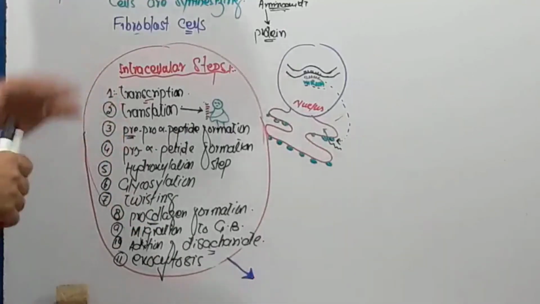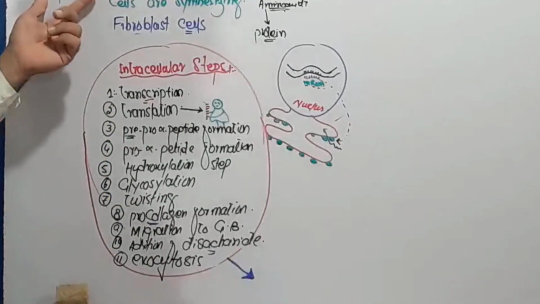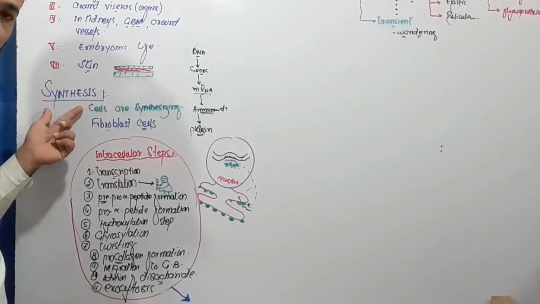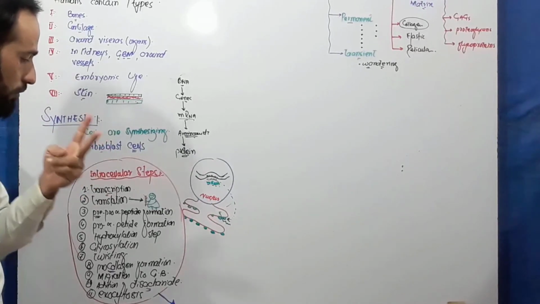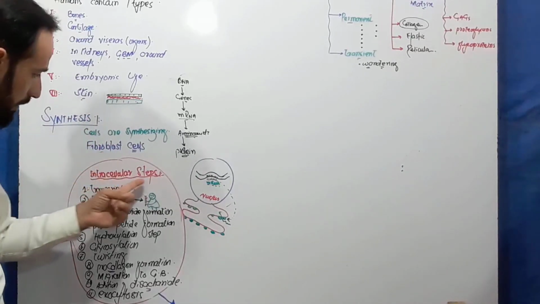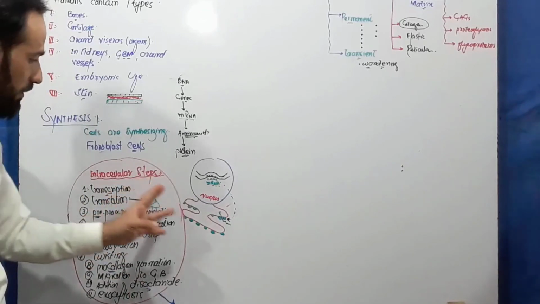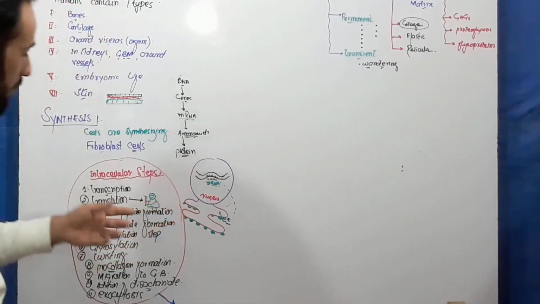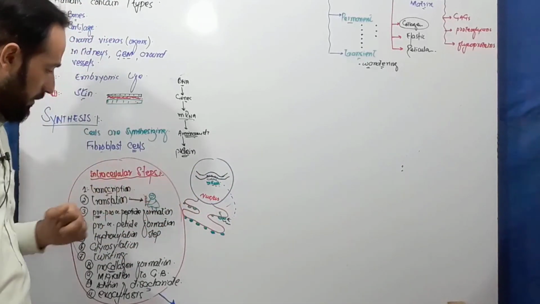So let's repeat it once again. Collagen synthesis is completed in two stages. The first stage occurs inside the cell, the second stage occurs outside the cell. What are the steps which occur inside the cell?